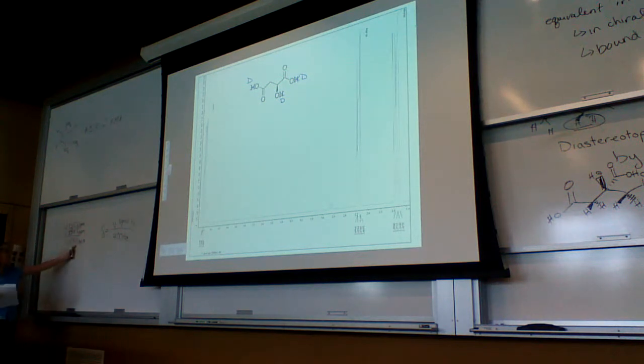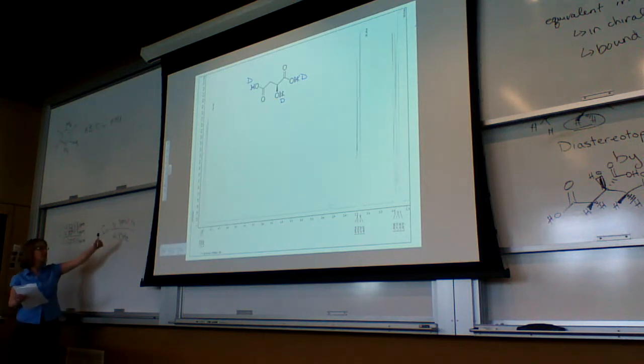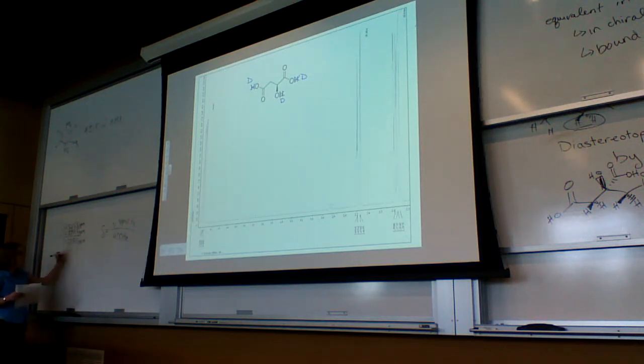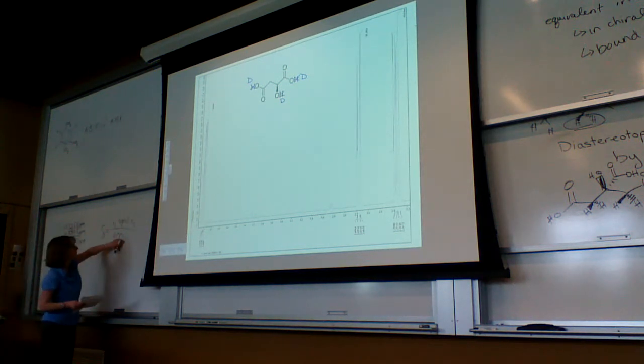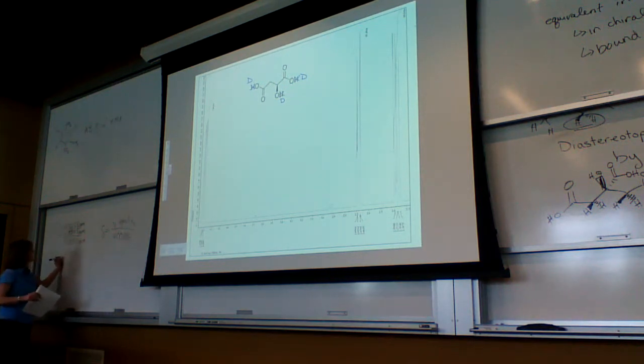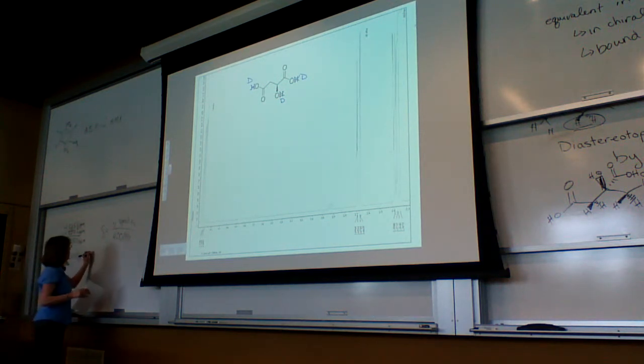So if we want to convert this from parts per million into hertz, we have the delta, we need to multiply. Sorry, this is not hertz, it's megahertz. So we have 0.0050 parts per million times 400 megahertz.